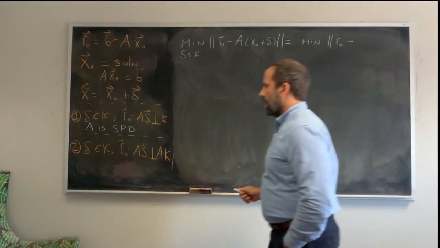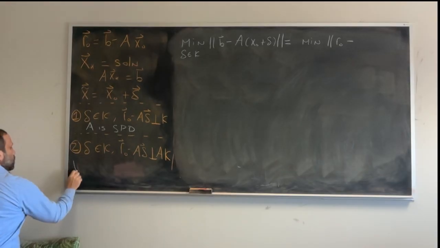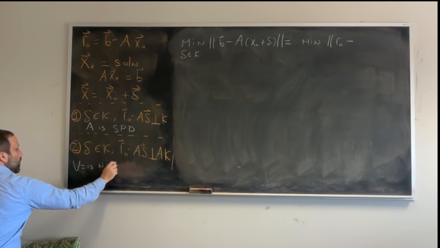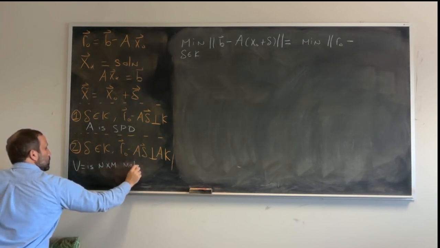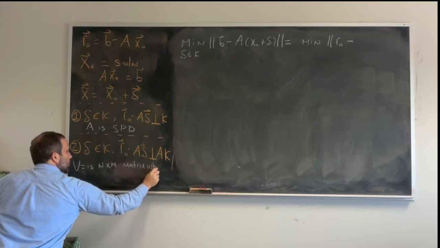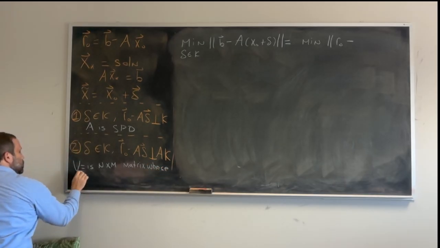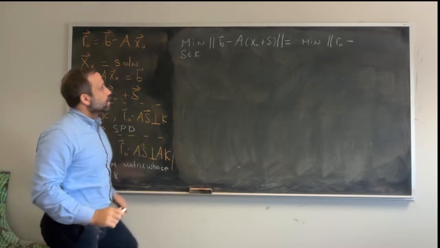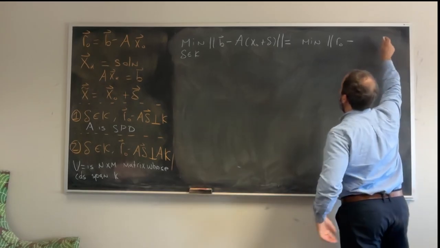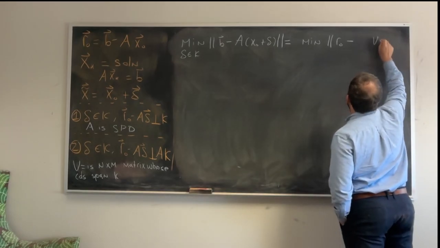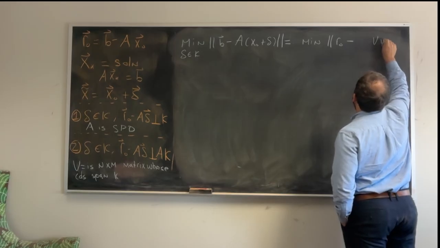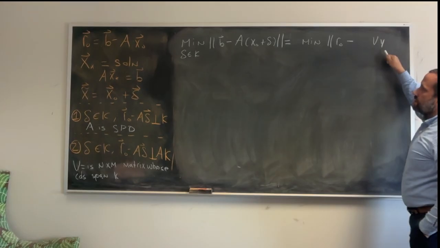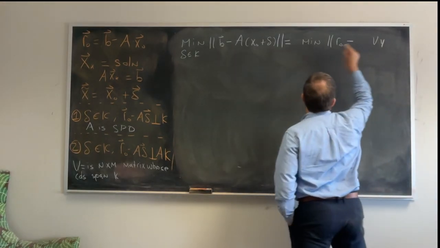So what I'm going to do here is for item number 2 here, V is an n by m matrix whose columns span K. So then as delta runs through K, we can write delta as V times Y. Okay, and now as Y runs through R^m, V times Y is going to run through K, and then I still have, and remember it's A times delta.